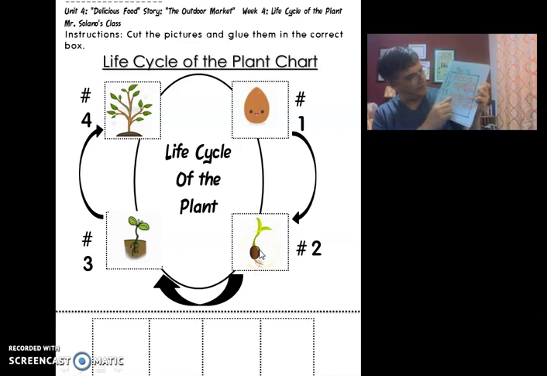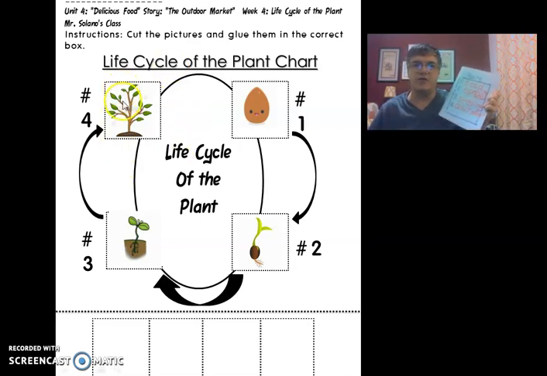And then number 3 we have the seedling, and seedling is right here. And finally the plant is ready to have babies, to have seeds. That's the adult plant, and that's number 4. And when the fruit falls on the ground and we get the seeds out, they'll start the process again. Because this is like a process, the process of growing.